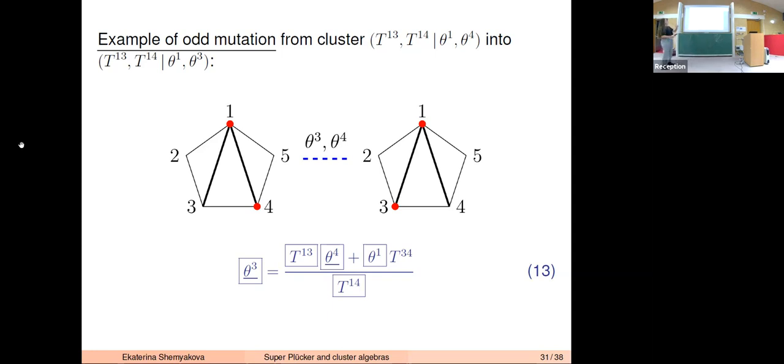But there are two types of mutation. This one is the odd mutation. Theta 3 is again a Grassmann value, plus 0. It's a cluster variable, but it's not obvious from this definition that theta 4 squared is theta 1 squared, and you have a mixed term.